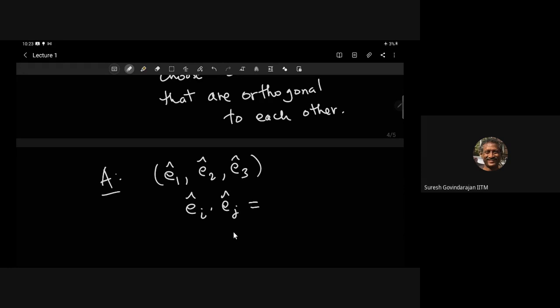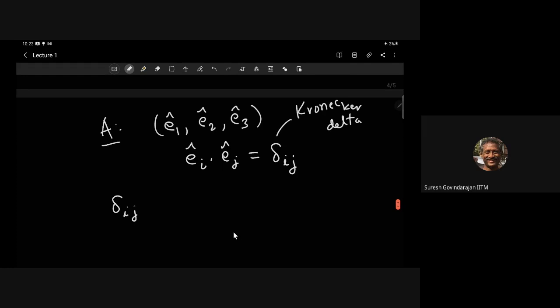It's equal to delta ij, which is called the Kronecker delta. Okay, so delta ij is nothing but equal to 1 when i equals j and 0 when i is not equal to j. So this is orthonormality actually.